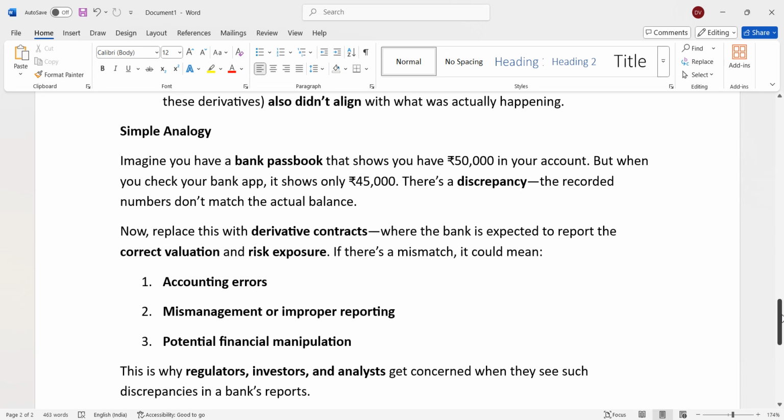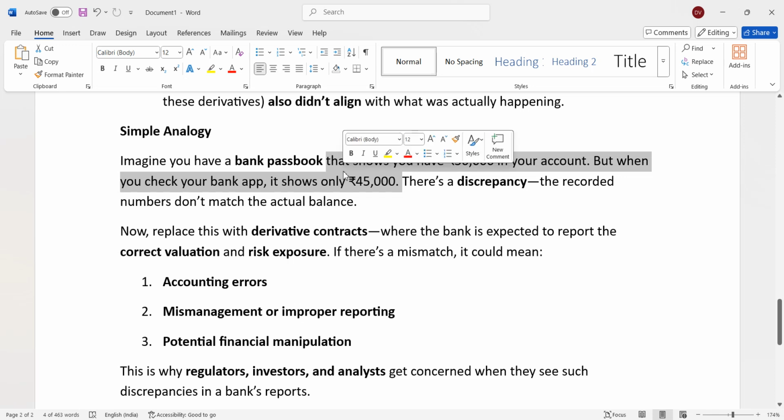If you still have not understood this, I have another example. Imagine you have a bank account that shows you 50,000 rupees. What do you feel? Okay, I have 50,000 rupees in my account. After 2 days, you check the mobile app, and the bank shows only 45,000 rupees, though you haven't used any money in your bank account.